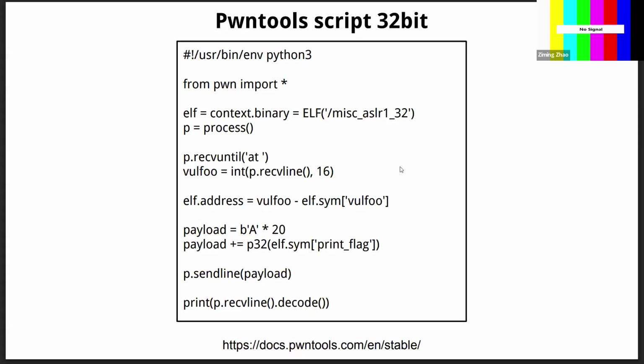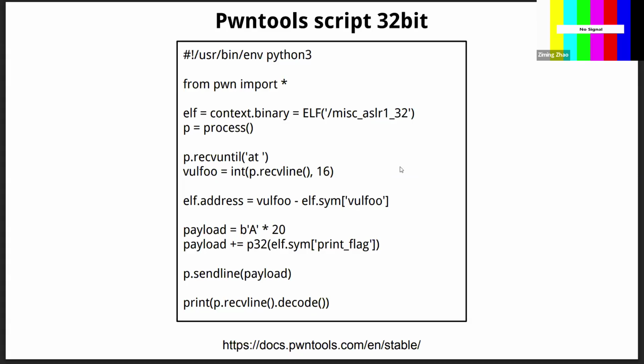Here I use the function receive until at white space because I already know what the output is. The output is val_foo is at white space the address, right? So I receive until there. Then after that, I receive a line again and change that to an integer, telling it that it's a hex integer. Then I get the address, which I name val_foo.